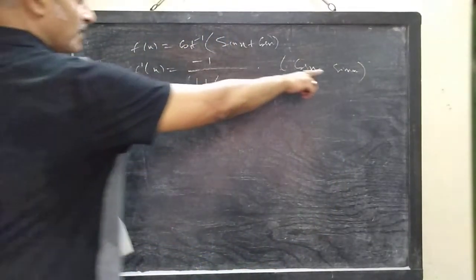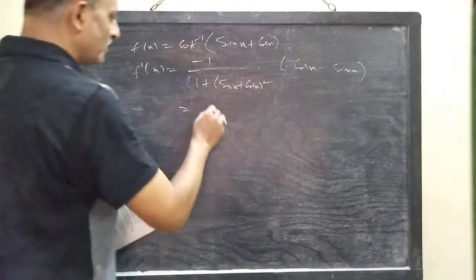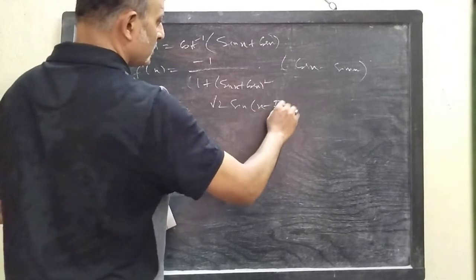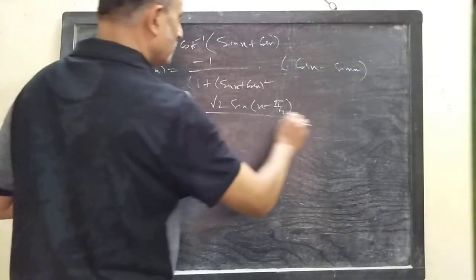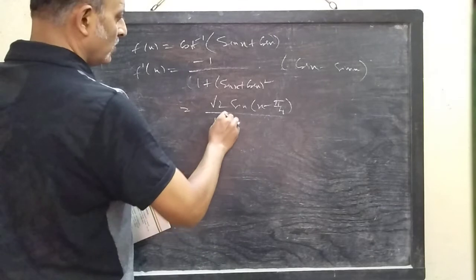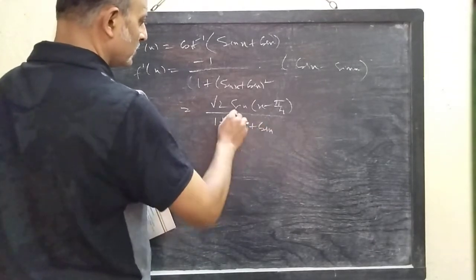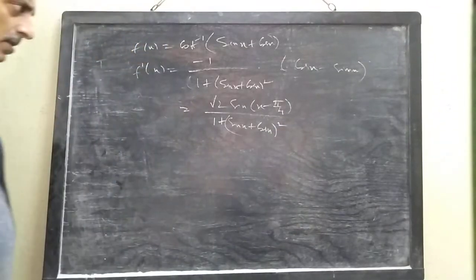So minus absorbed here, so sin x minus cos x, you can write it as root 2 sin of x minus pi by 4 divided by 1 plus sin x plus cos x whole square.